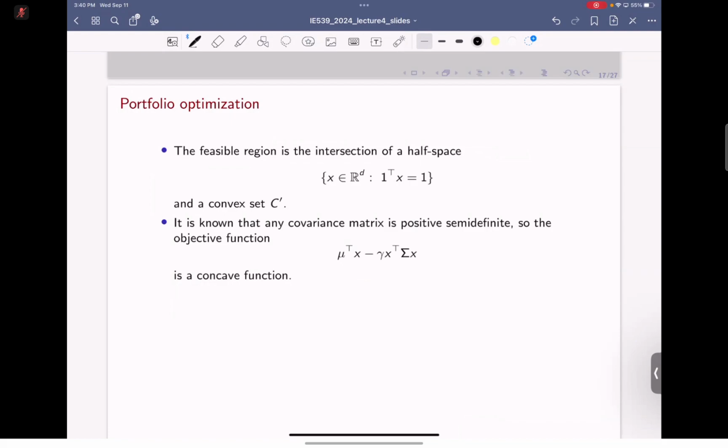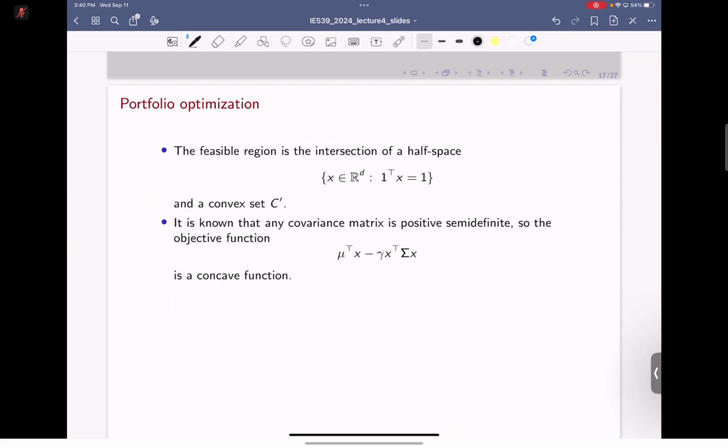But if you look at the objective, this is a quadratic function, right? If you look at the quadratic term and take its Hessian, what you get is minus gamma times sigma times 2 or something. What's important is that you have a negative scaling of a positive semi-definite matrix.